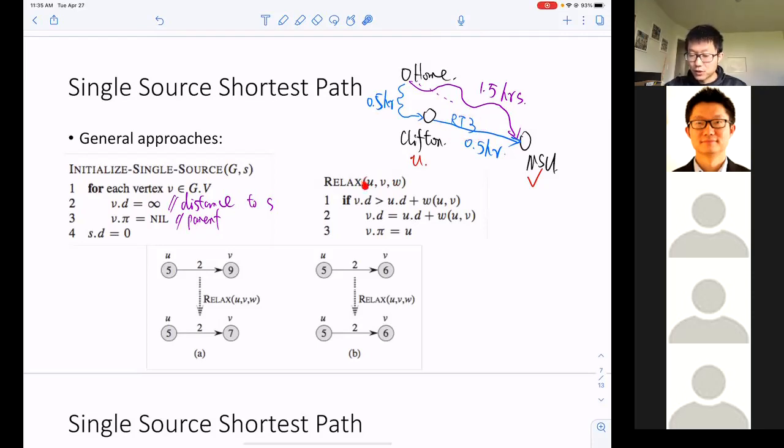So basically, if there is an edge from U to V in the graph, we can call the relax function.